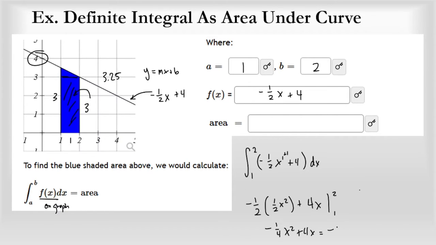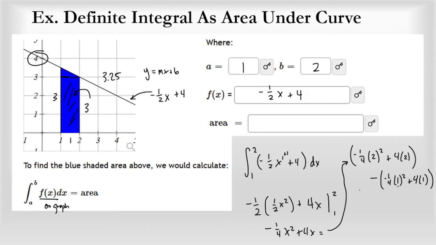Let's put this up here. I'm just going to do this right here. So I'm going to get negative 1/4, and I'm going to put in my endpoints. 2 squared plus 4 times 2, minus, that's the first term, negative 1/4, 1 squared plus 4 times 1.